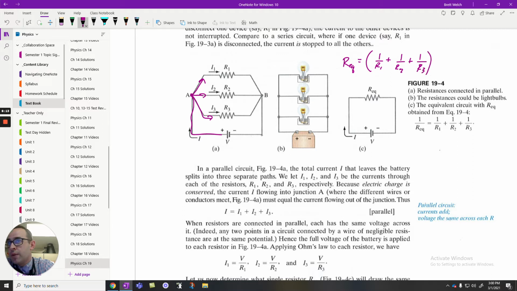And I could keep doing that as many times as I want. And at the end, I raise it to the -1 exponent. That's going to flip everything back into resistances. This is how we add those resistances in the circuit.